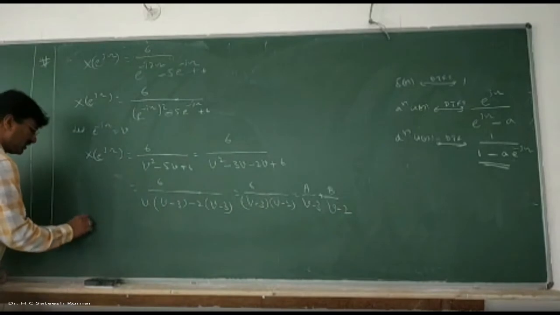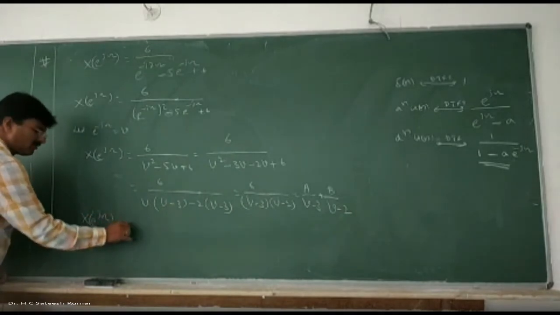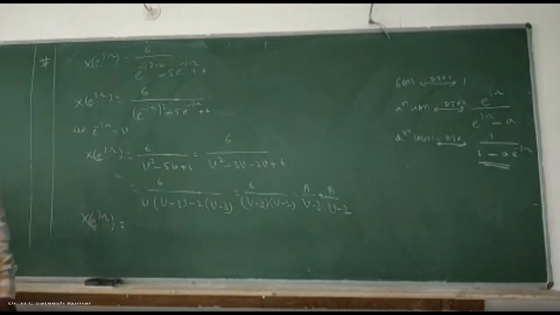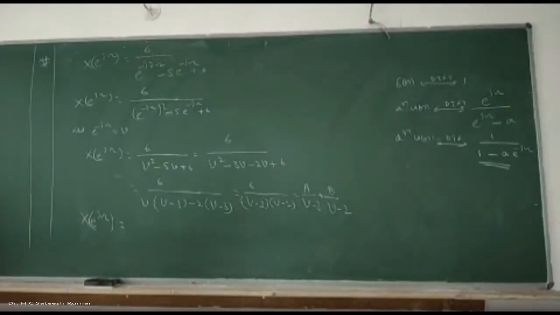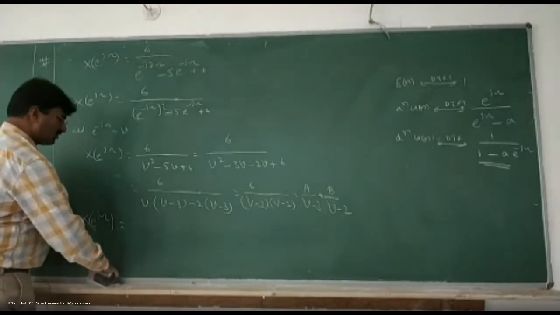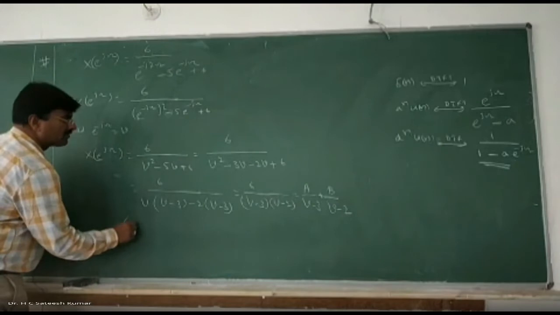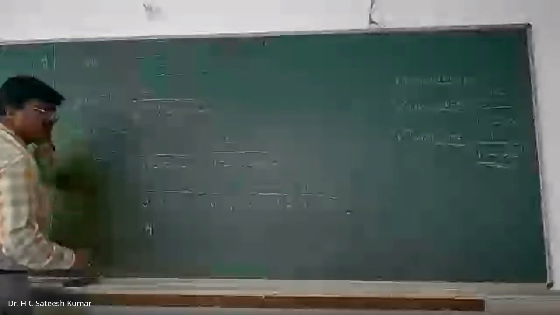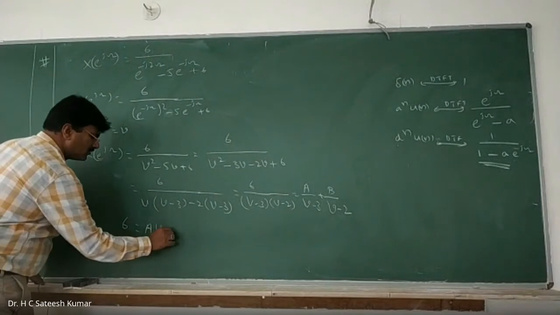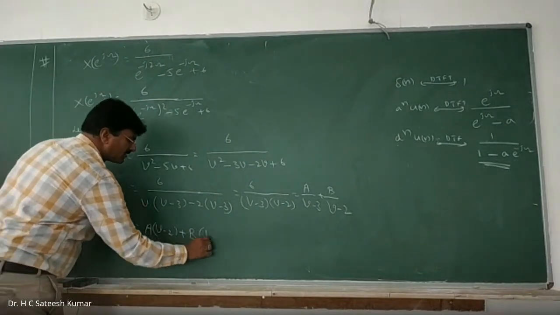Therefore, X of e to the power of j omega is equal to, take the LCM, 6 is equal to A into v minus 2 plus B into v minus 3.